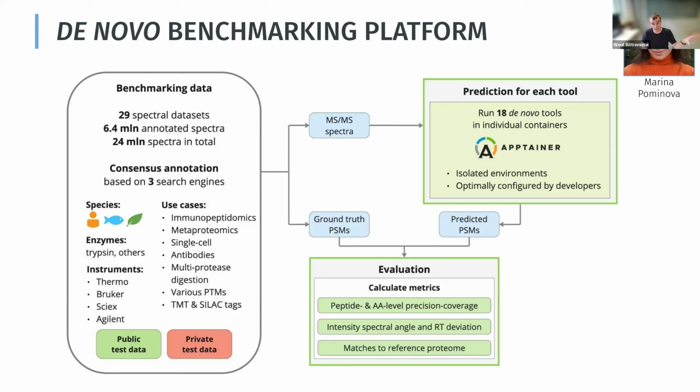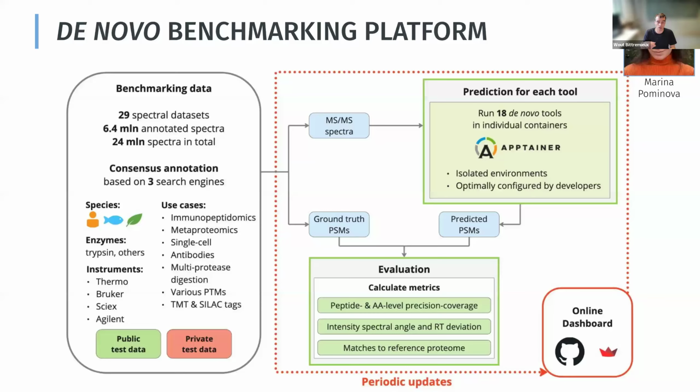We calculate peptide and amino acid level precision and coverage, as in some of the previous slides I've shown. But then we also calculate database independent evaluation metrics, such as matches to the reference proteome as before, but also the difference in predicted fragment ion intensities and predicted retention times for those de novo PSMs.